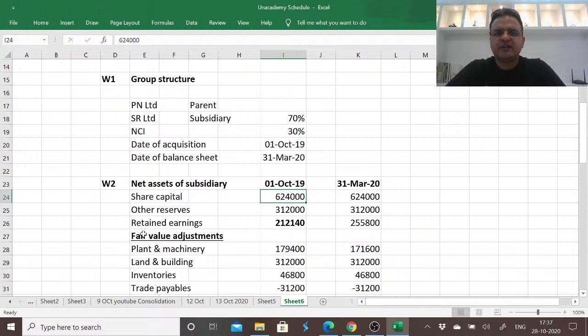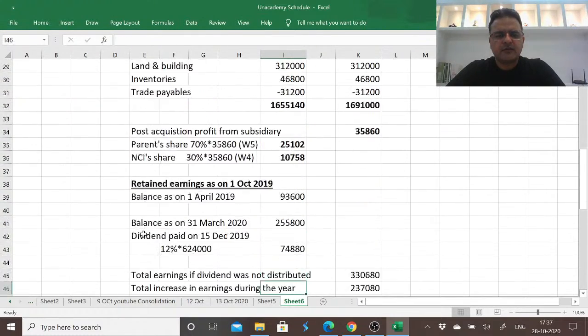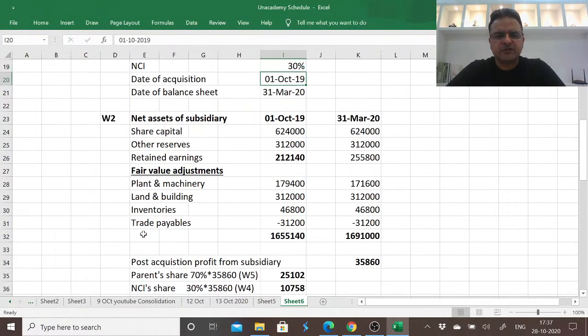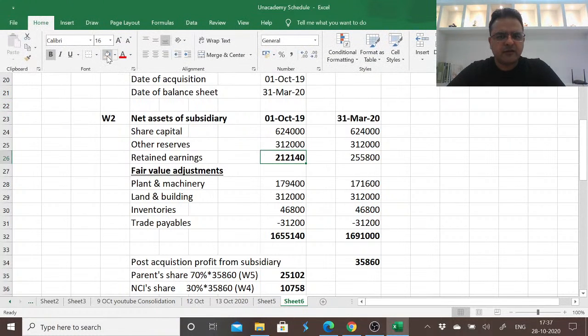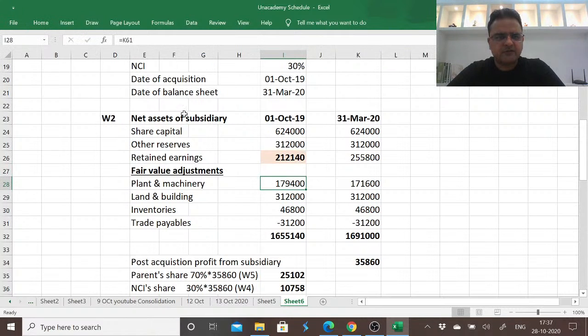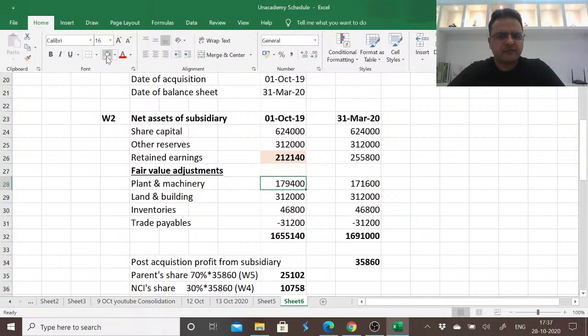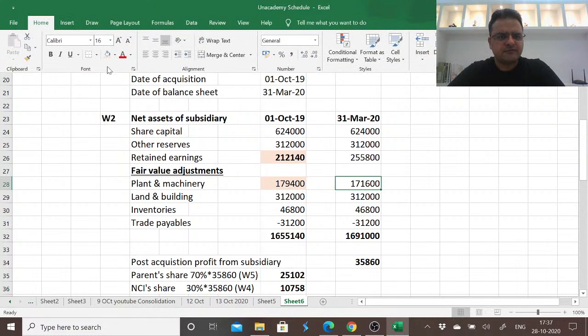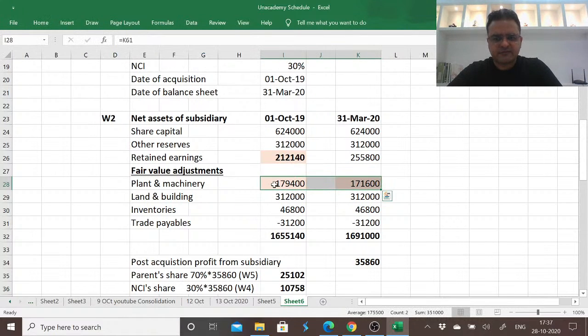Working note number 2, we need net assets of subsidiary on date of acquisition and date of balance sheet, and there are two major workings: retained earnings position and this plant and machinery position on date of balance sheet. These are the major workings.